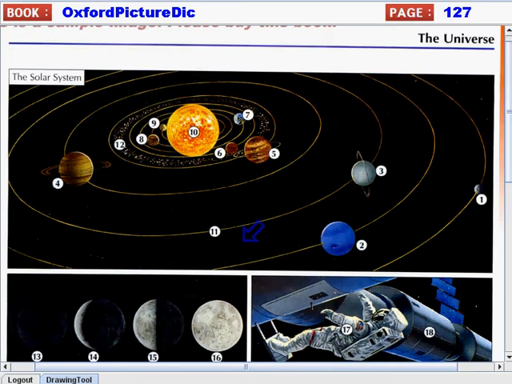Now, those are the words that are related to our topic, the universe.